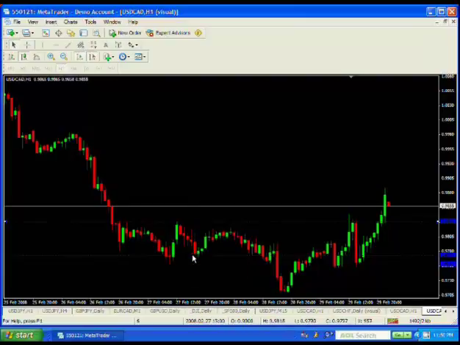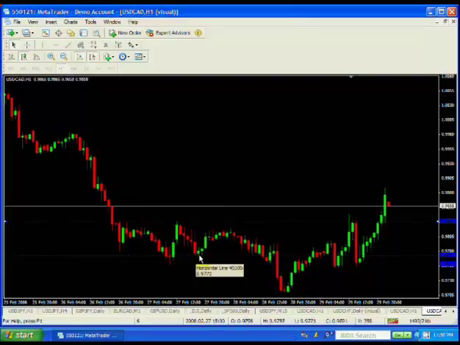This is new dynamic support. So now we want to look for a breakout at this point here. We want to look for a breakdown below support before we consider a short trade, and we still want to look for a breakout above resistance here before we consider a long trade.